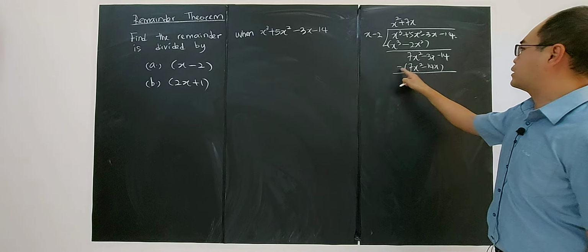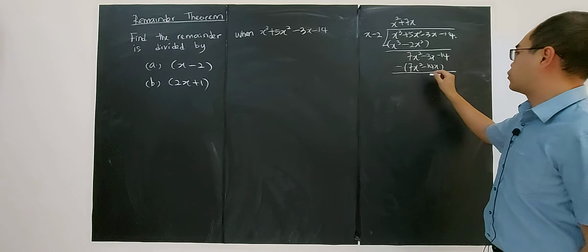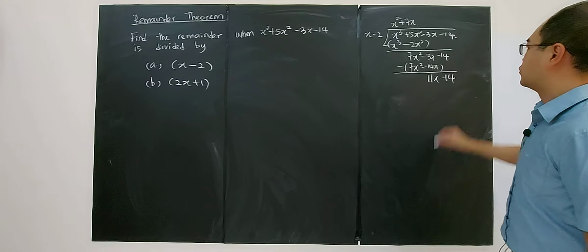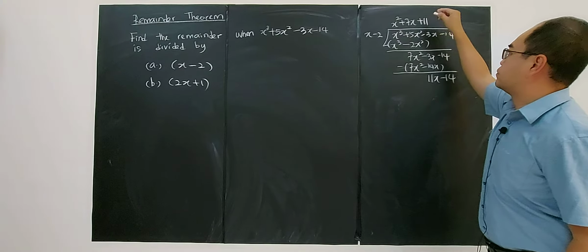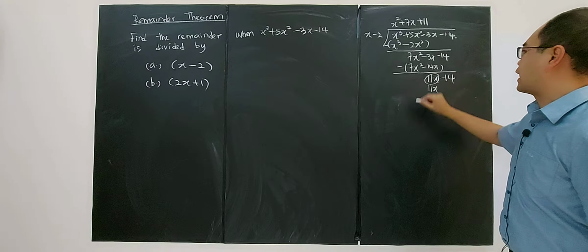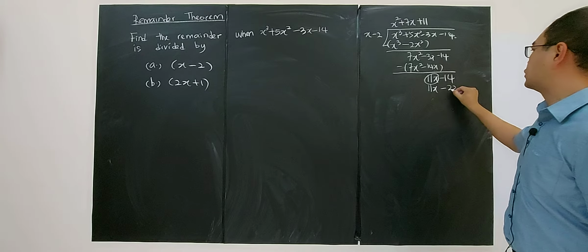Negative 3 plus 14, you have 11x, minus 14. Followed by positive 11, because 11 times x is 11x, so you can eliminate this. 11 times negative 2 is negative 22.